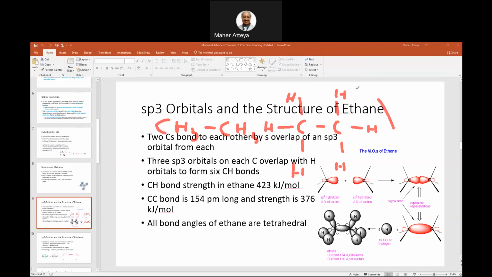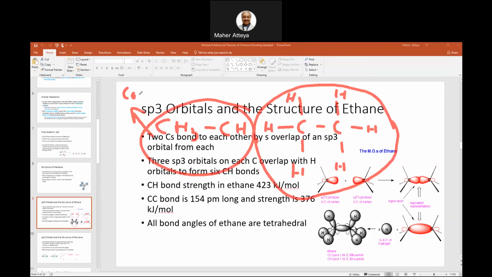This way of writing is called the expanded structure, the expanded view of the structure. And this one here is called condensed. So this is condensed, and this is the expanded structure of ethane.